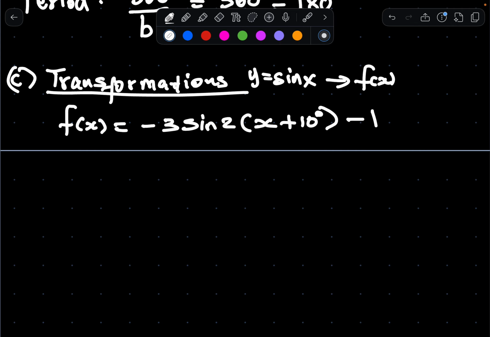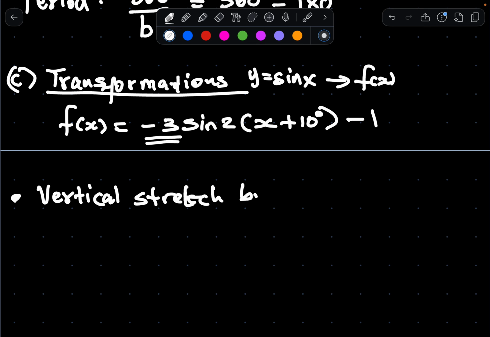Let's start now. Number 1, we're focusing on the -3. The -3 causes a vertical stretch by a factor of 3. A is always a vertical stretch. Whatever number they put here, it's either stretch or compress.